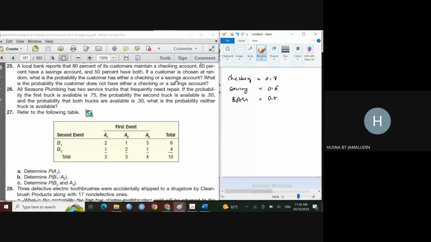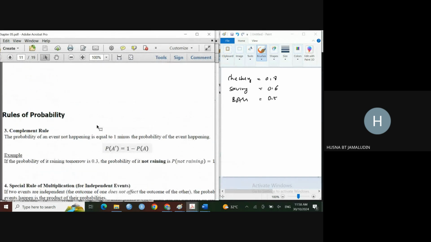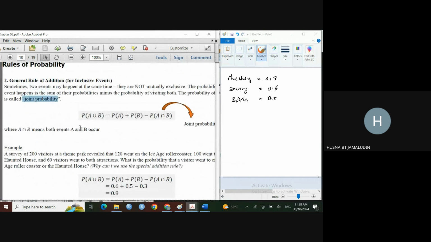Remember, you are talking about inclusive. What is the formula of inclusive? Probability of A plus probability of B, minus the joint one, the overlap one.